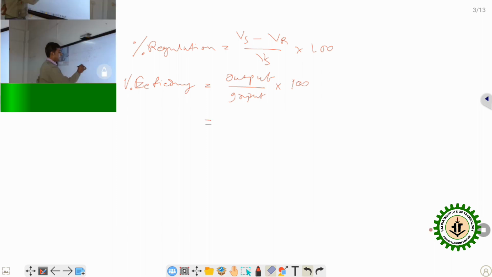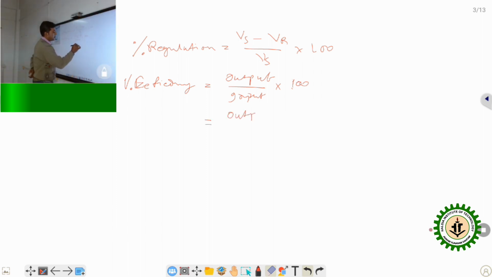Or we can also represent this as output divided by output plus line losses multiplied by 100.